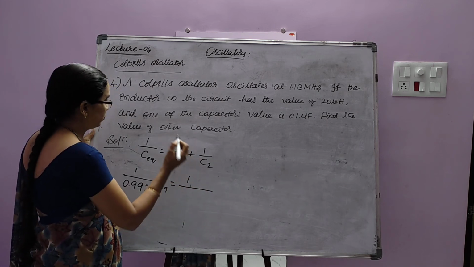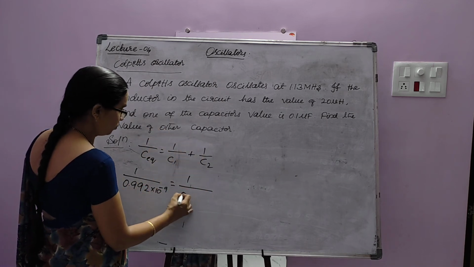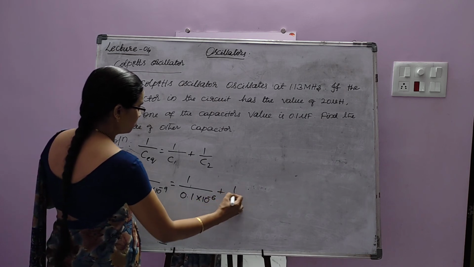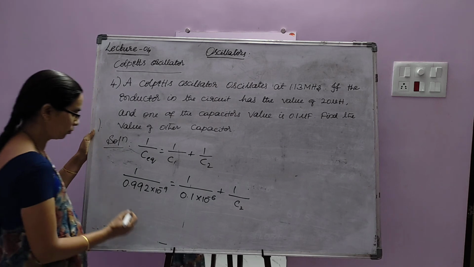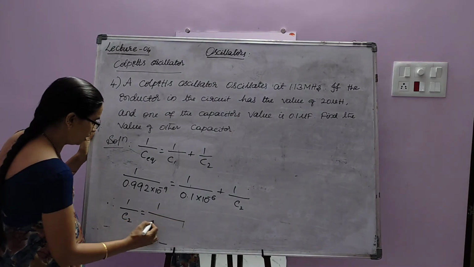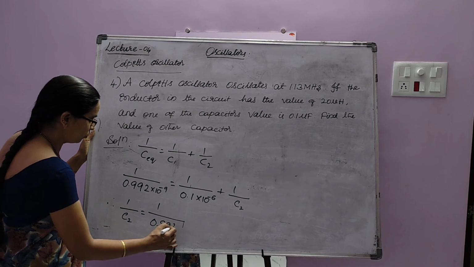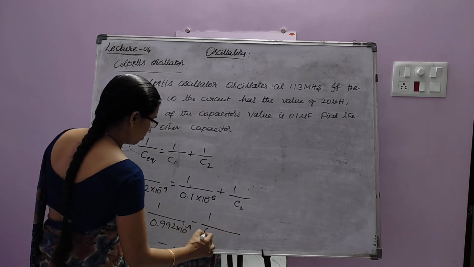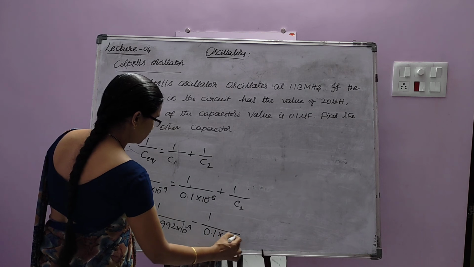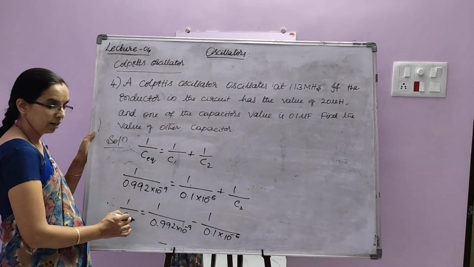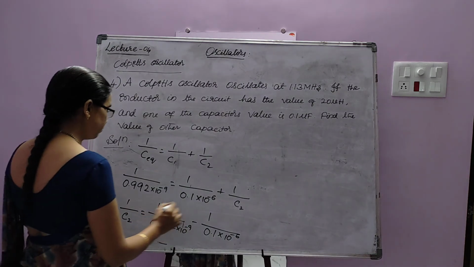C1 is given, 0.1 into 10 to the power of minus 6 plus 1 by C2. Therefore, 1 by C2 is equal to 1 by 0.992 into 10 to the power of minus 9 minus 1 by 0.1 into 10 to the power of minus 6. Simplify this and you will get some value.